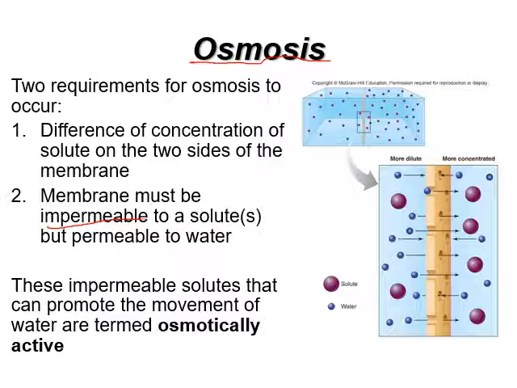Okay? If they are non-permeable or non-penetrating, that means the solutes cannot move across the membrane. In this case, it's the purple solutes, and the water is the little blue. These solutes, the ones that are non-penetrating or non-permeable, are termed osmotically active solutes, because they are going to determine which way water goes, where the movement's going to take place.